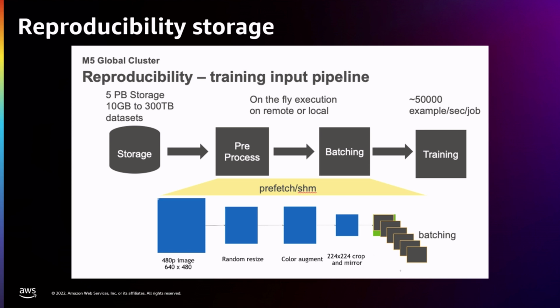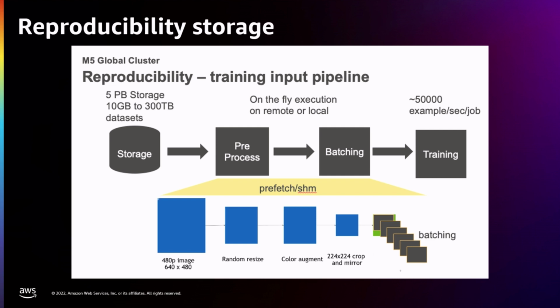We started processing the image in the same CPU nodes, and we put this pre-processing logic in the shared memory of the instance. So with that, for example, a 48-pixel image, we can actually reduce into 224 and then do batching on the system and stream to our training workflows at a higher speed.